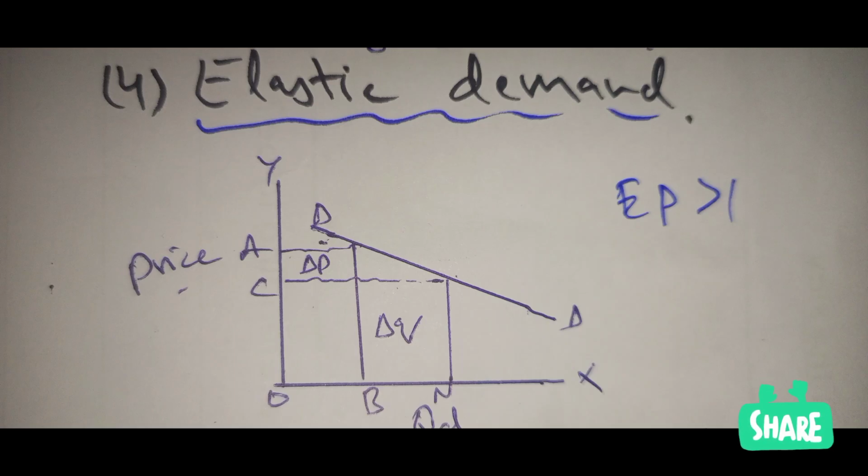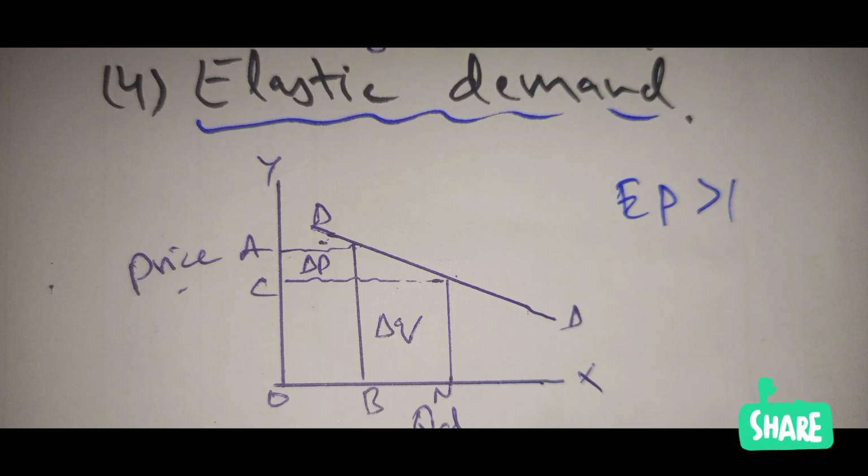Delta P here shows the changes in price, which is C to A or A to C, and delta Q here shows the changes in quantity demanded, which are B to D or D to B, shown in this diagram or graph.